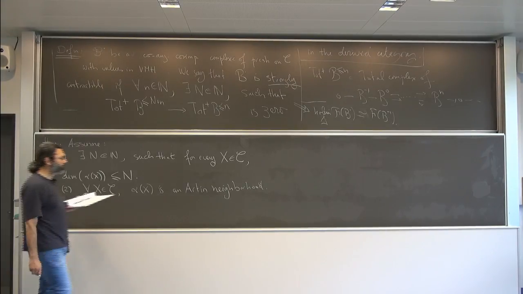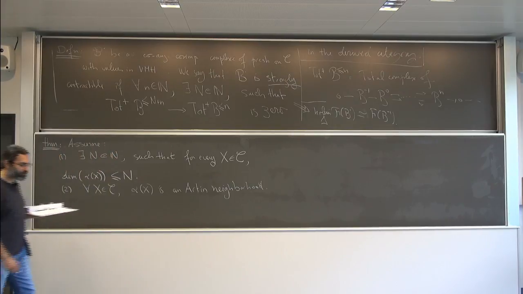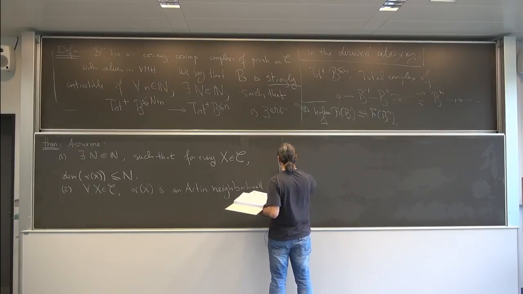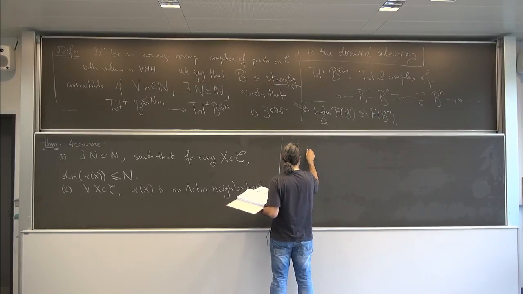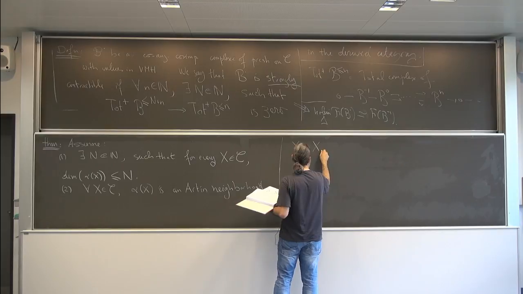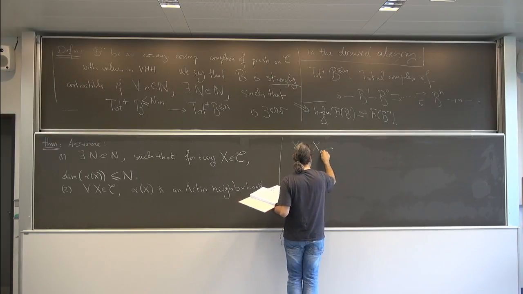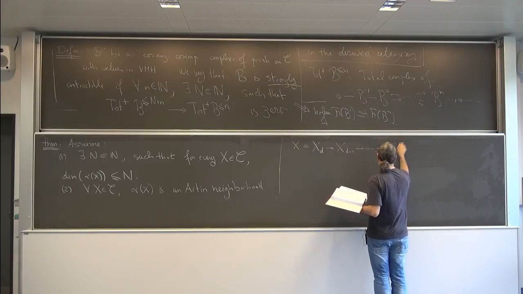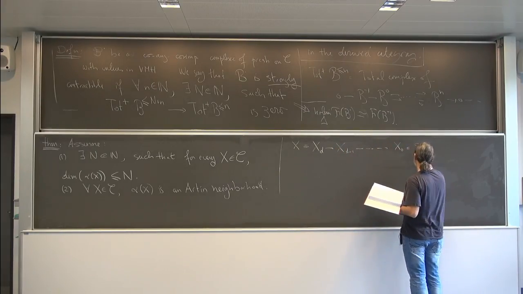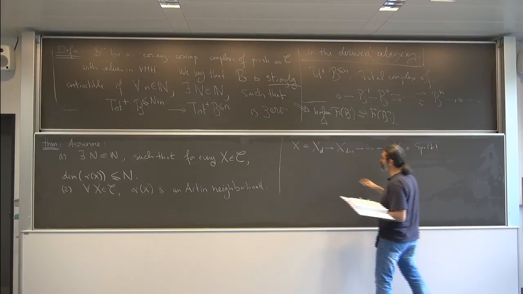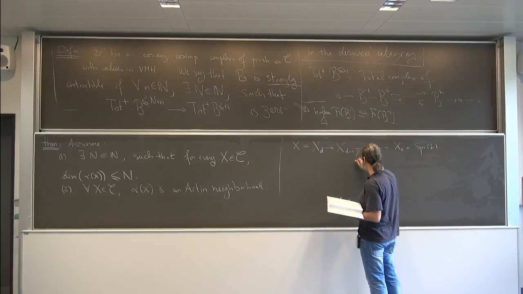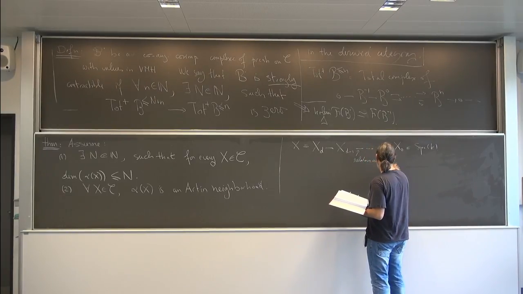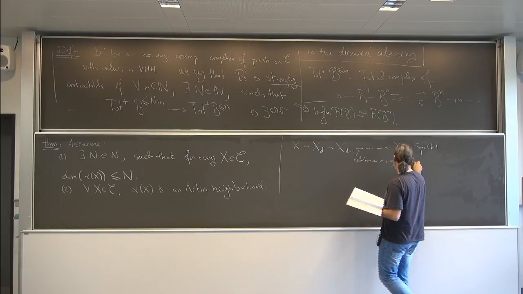It's a smooth affine scheme which admits a sequence of maps like this to the base field, where these are relative curves having good compactification.